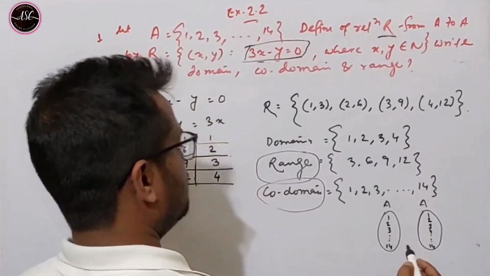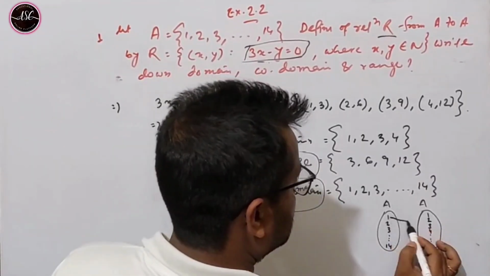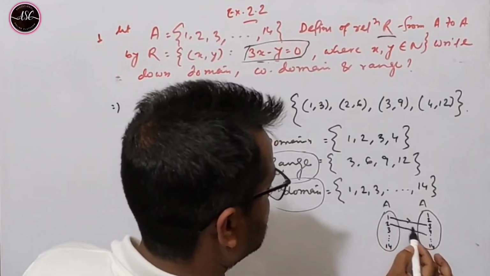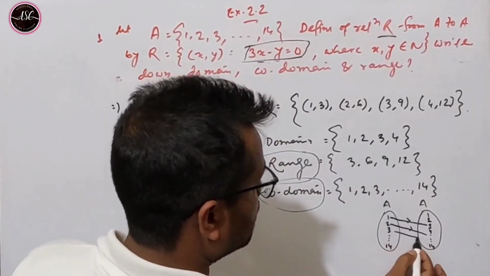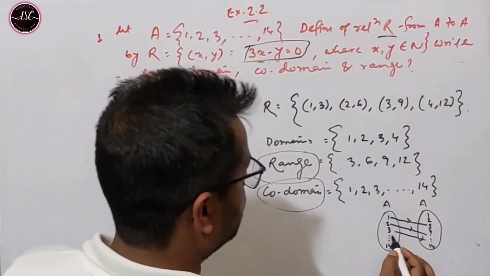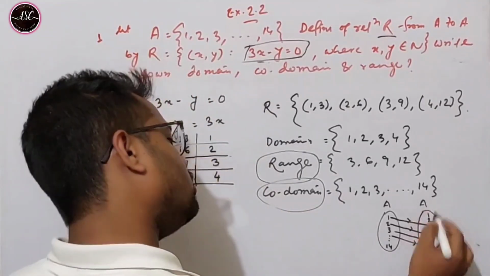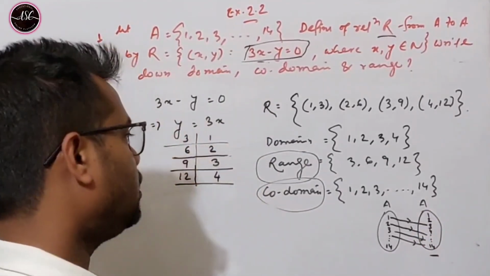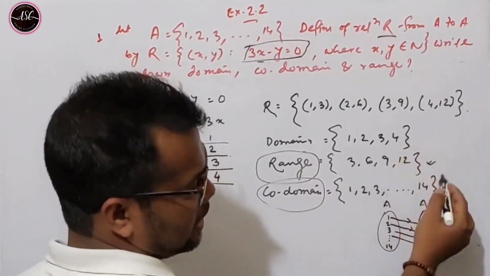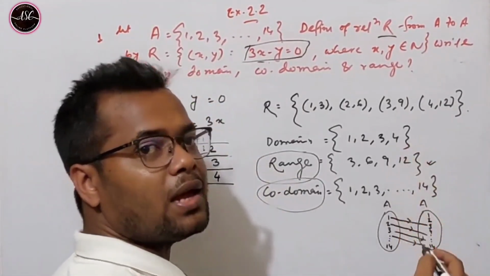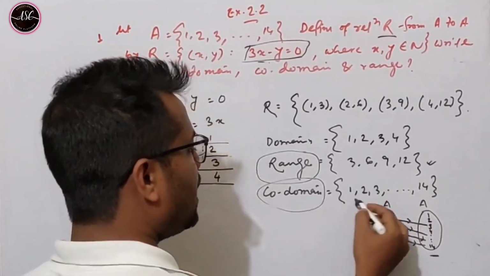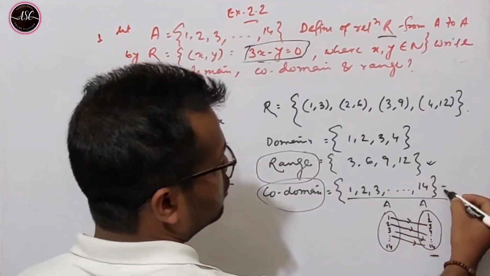Here the images are only 3, 6, 9, and 12, that is, 2 to 6, 3 to 9 and 4 to 12. Okay, so the range has been obtained from this set. So all the elements in this set will be the codomain. So this will be A.